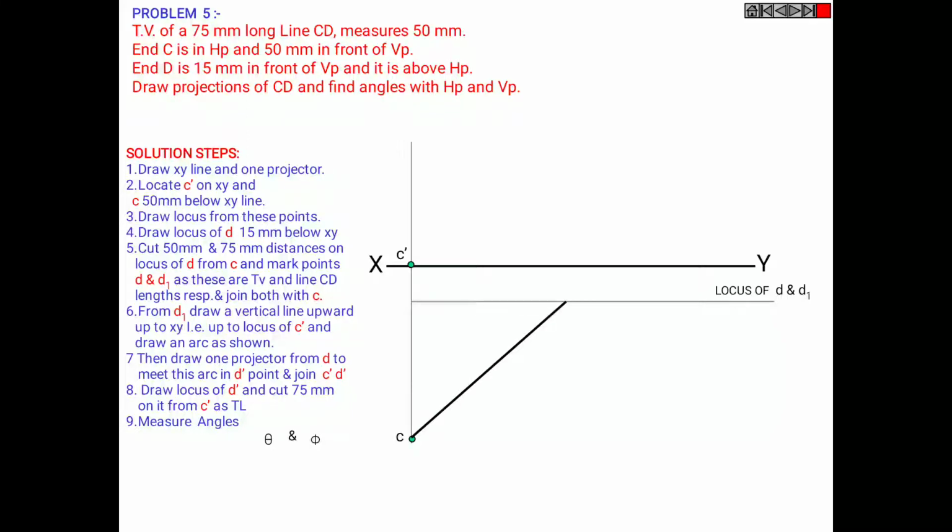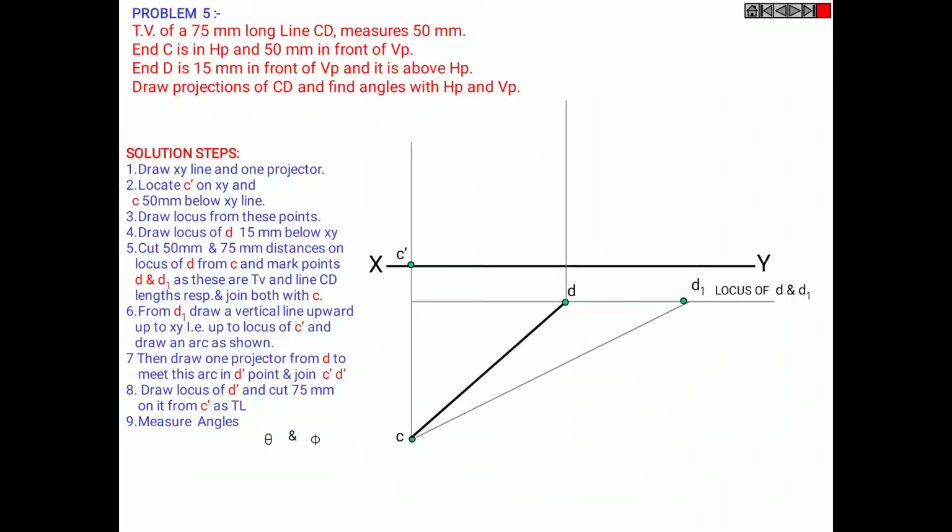Now cut 50 mm and 75 mm distances on locus of D from C and mark points D and D1, as these are the top view and line CD lengths respectively, and join both with C. So C to D is the length of 50 mm and C to D1 is the length of 75 mm.